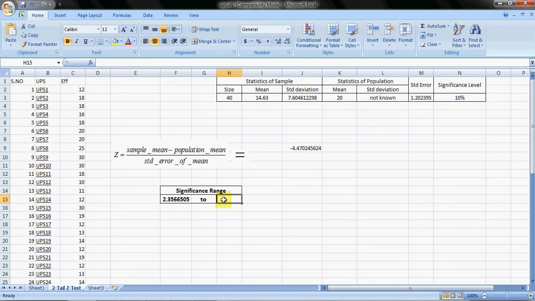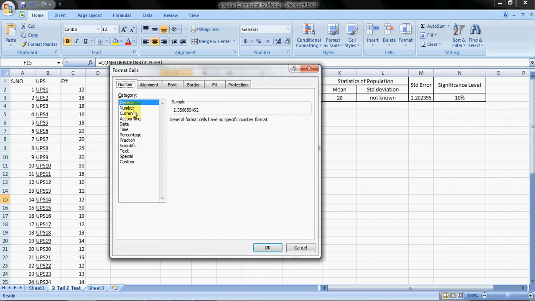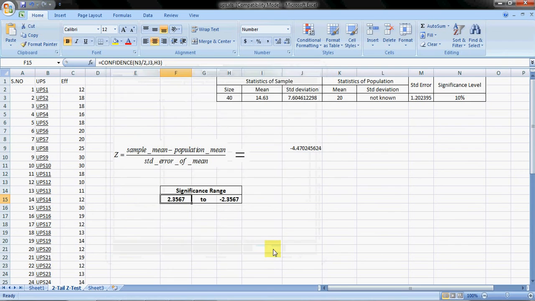Now for the negative value you simply click negative, and you get minus 2.3567 here. You can also increase the decimal places, say 5 or 4. So plus 2.3567 to minus 2.3567. This is the significance range.